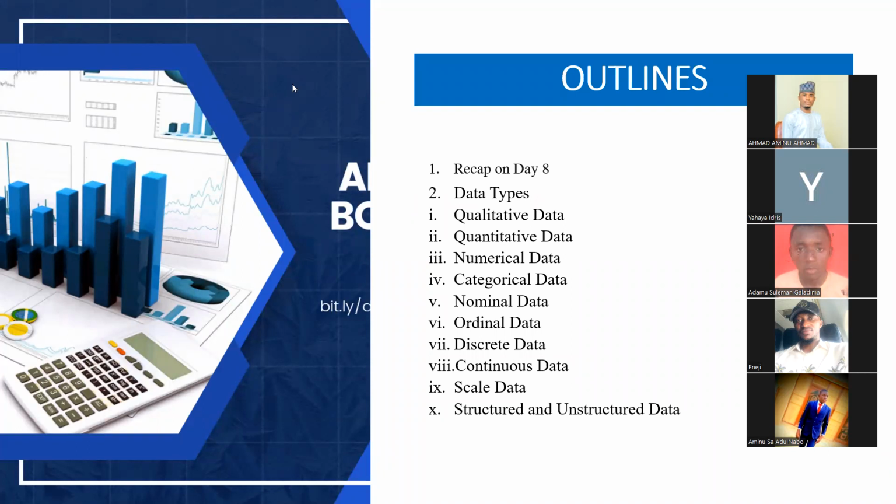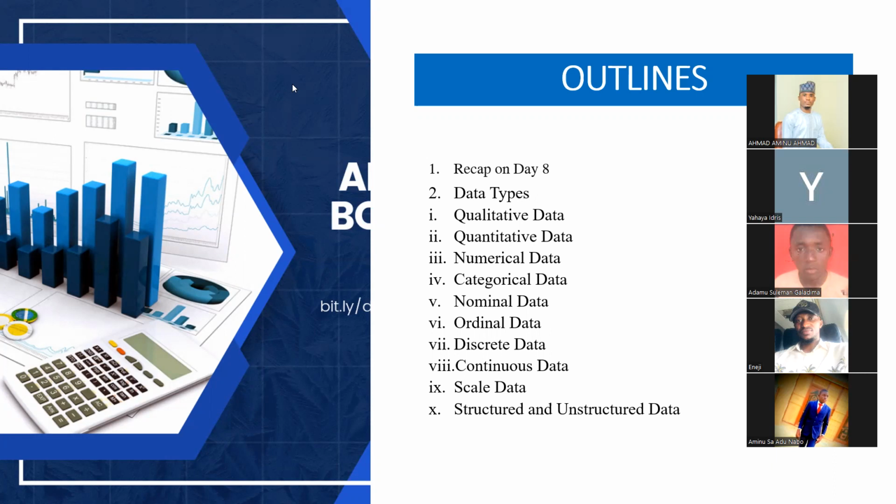comes in alphabets, that is not in number. Most of the time, you'll come across data that by mere looking at it is 1, by mere looking at it is 2, but it's not 1 and 2. That particular 1 is representing something, and that particular 2 is representing something.